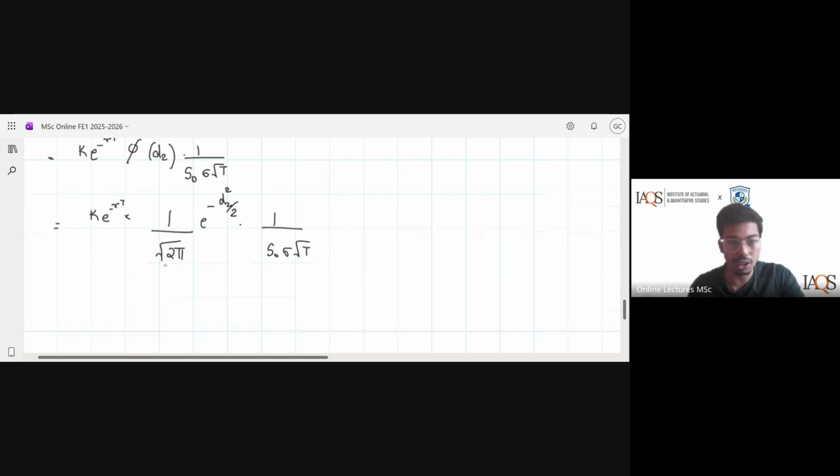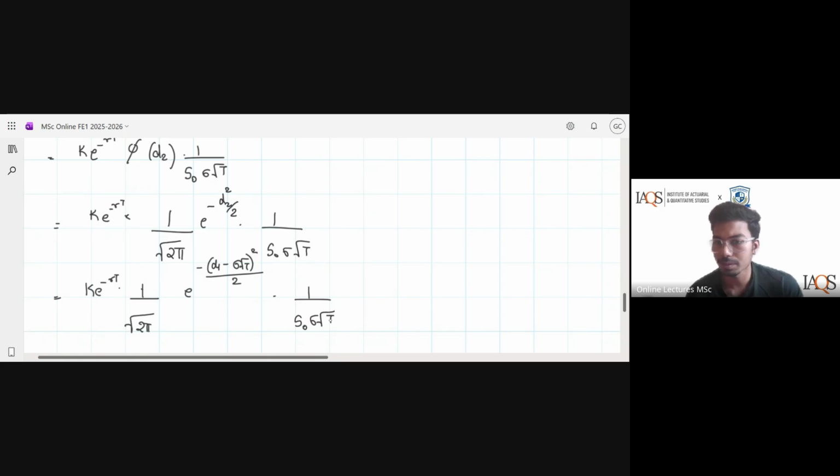Now I know there's d2 over here, and I can solve d2. Let's simplify where I can: 1 upon root 2 pi e raised to minus d1 minus sigma root t the whole square divided by 2 into 1 upon s0 sigma root t. I've written d2 as d1 minus sigma root t because that is something I already know.